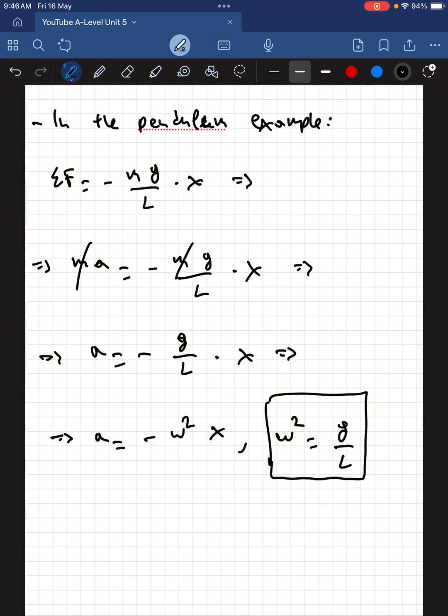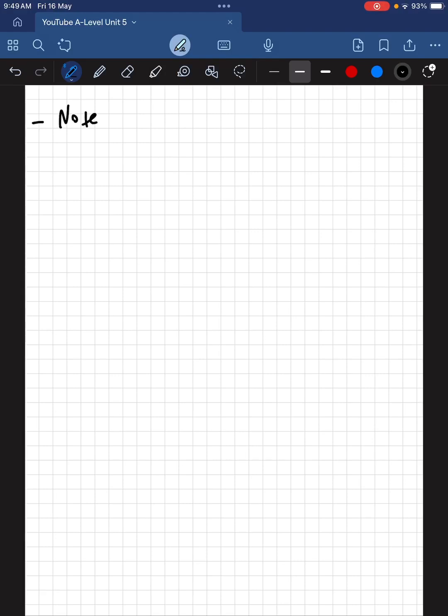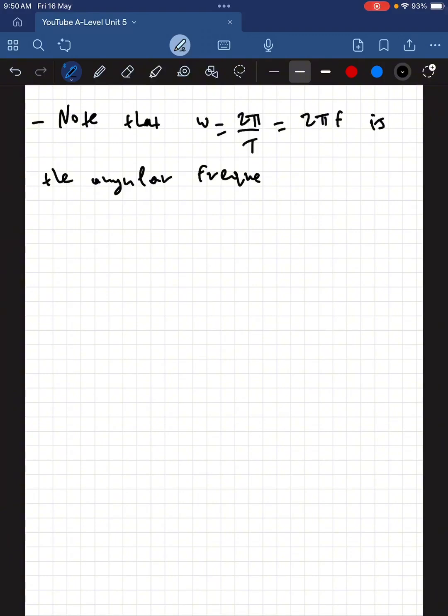And we're going to talk about stuff like this later, but for now, note that omega is defined as 2 pi over the period, which is equal to 2 pi times the frequency. Okay, so this is the same angular frequency we used in circular motion, but let me talk a little bit about it.